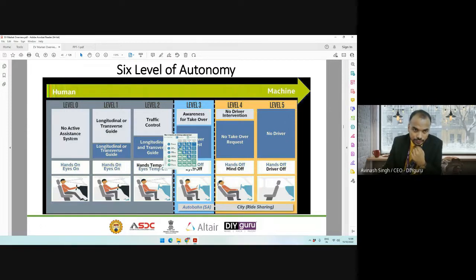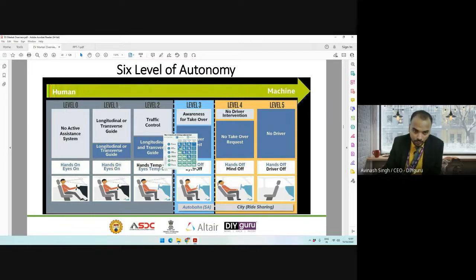Level 0 refers to hands on and eyes on, right? This is where all the vehicles that you see on the road in India are. The driver is putting his hand on the steering and his eyes are always on the road, right? This is level 0 autonomy.